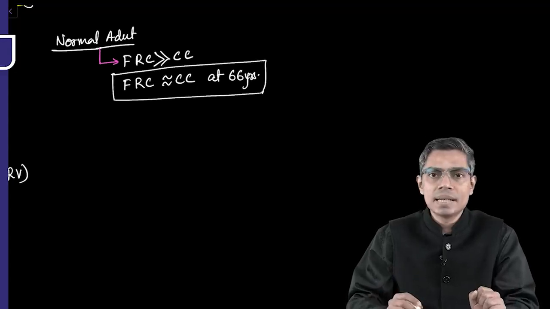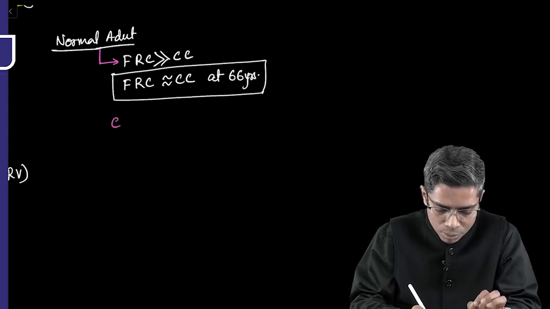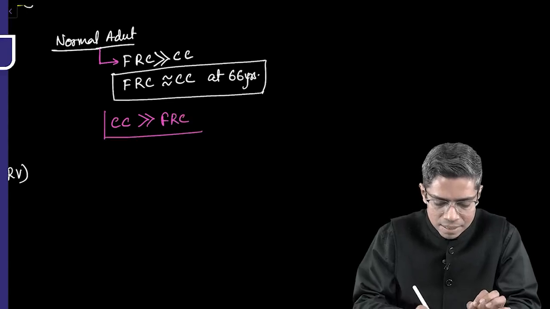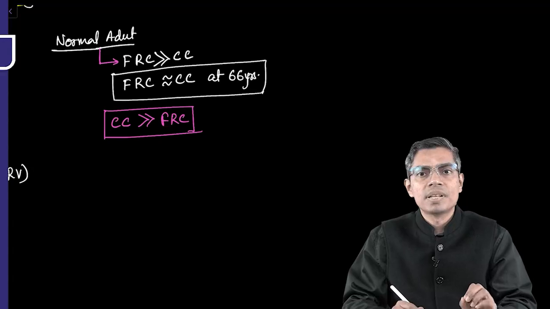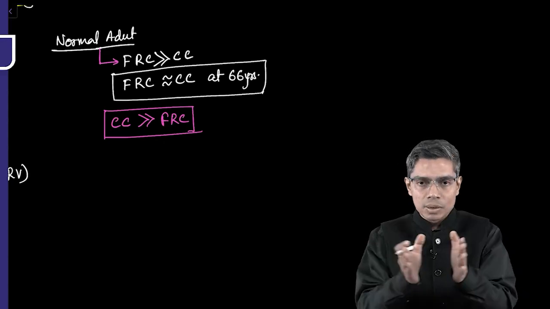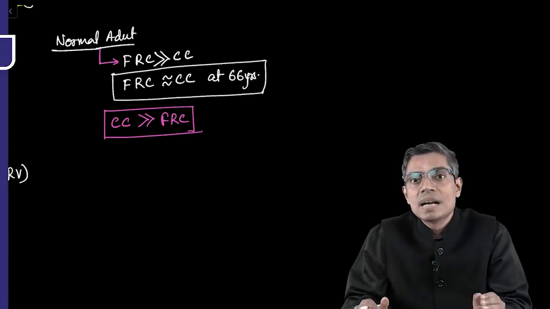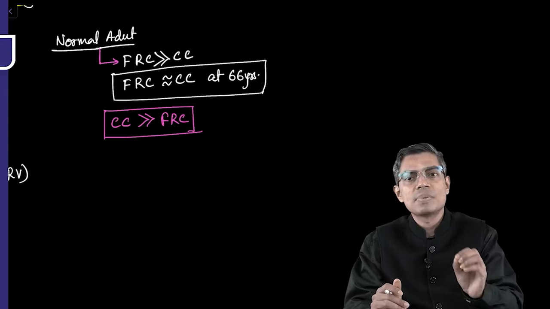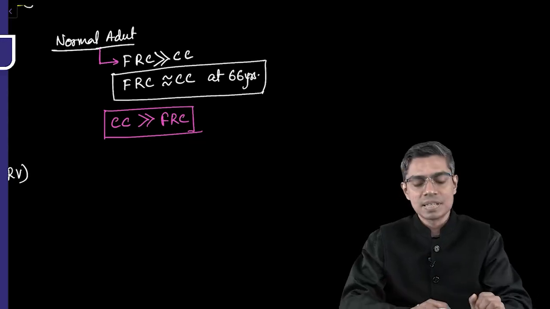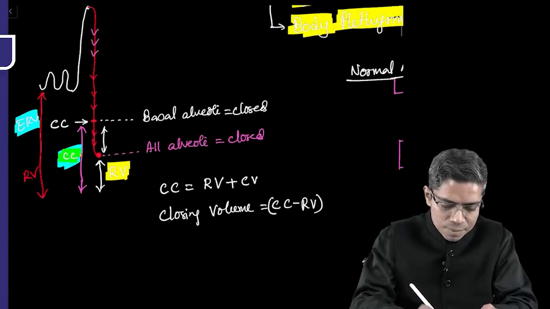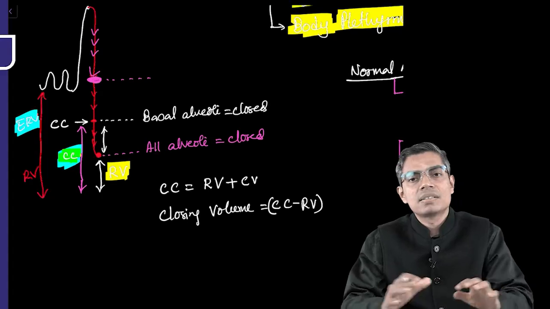If you find that for a subject closing capacity is greater than FRC, this indicates that the person is suffering from highly collapsible diseases of the lung, where the collapse of the bronchioles is very early. If the collapse occurs early, then the closing capacity will be much higher than FRC. Whenever the subject is doing expiration, at this point the basal alveoli start closing up.